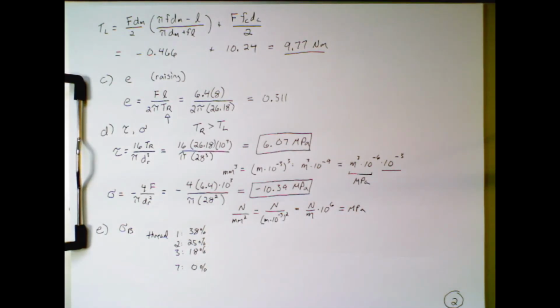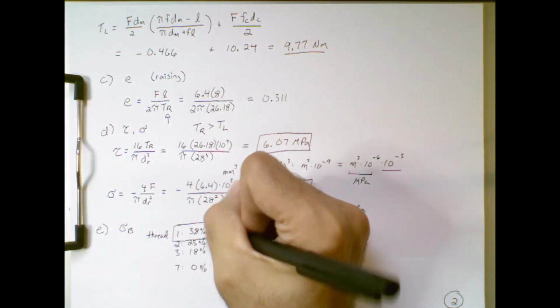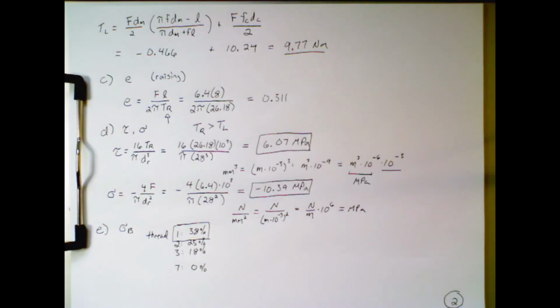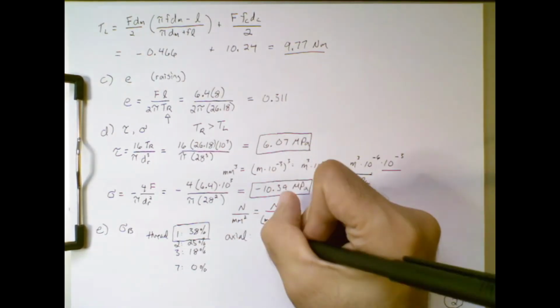Now, if we're interested in where the maximum stresses are, it's really only the first thread we need to worry about. One strategy, described in the textbook just before this example, is to look just at this first thread, assume that's where the maximum stress is, and set the axial force to 38% of the actual axial force.